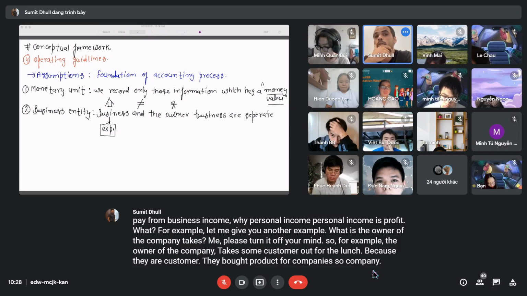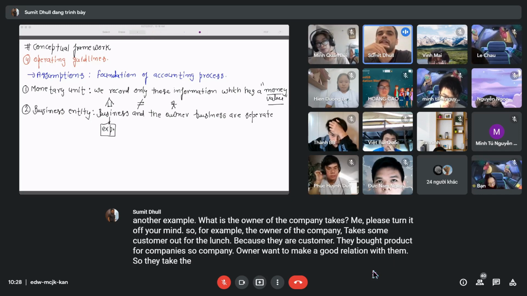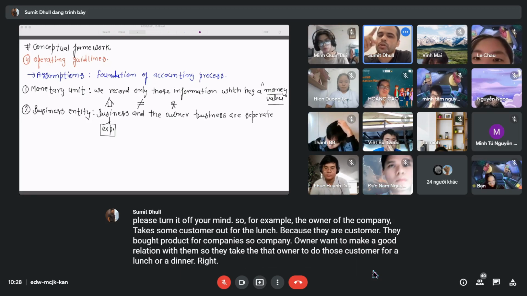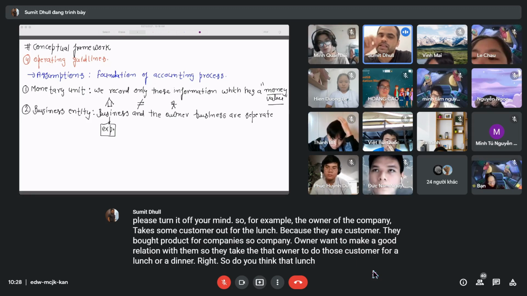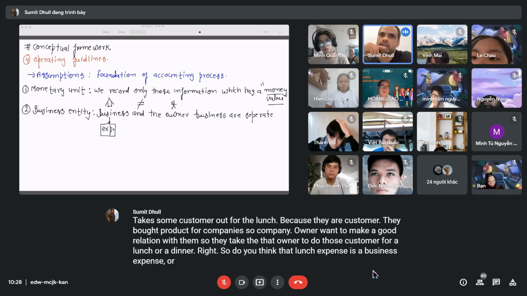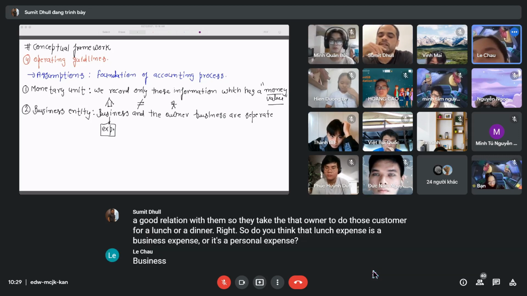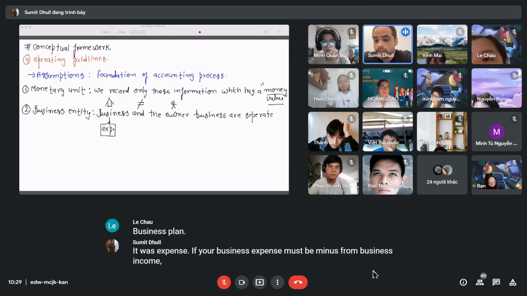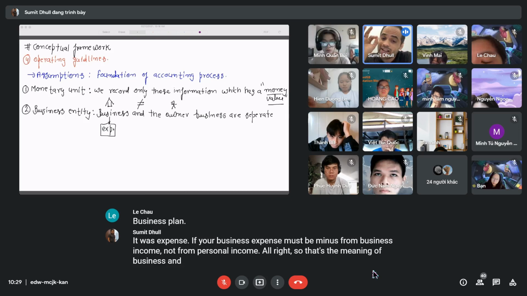So the owner wants to make a good relationship with them, and takes those customers for a lunch or a dinner. Do you think that lunch expense is a business expense or a personal expense? Business expense. If it's a business expense, it must be deducted from business income, not from personal income. All right. So that's the meaning of the business and owner not being the same. They are separate from each other.